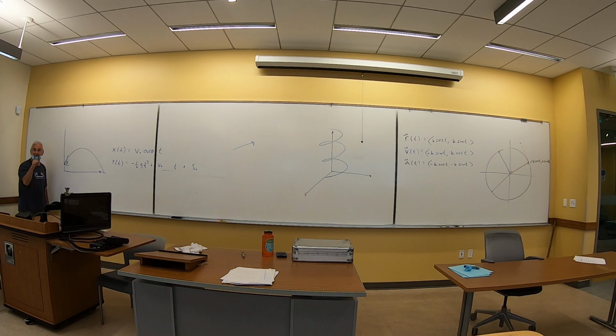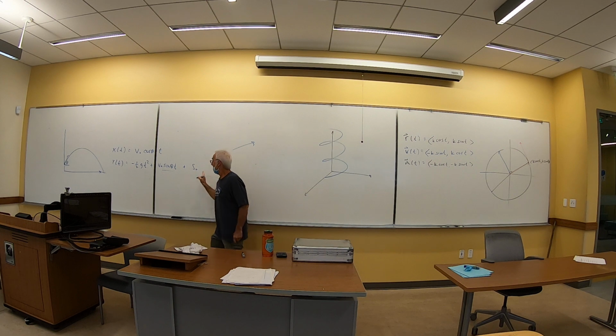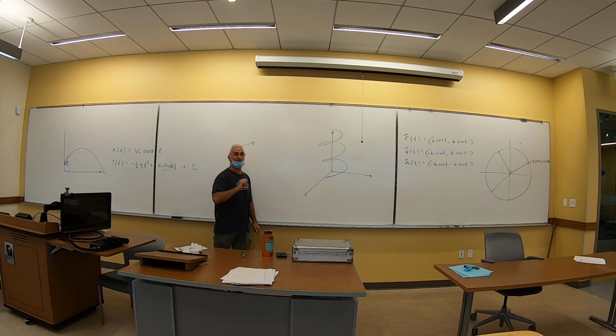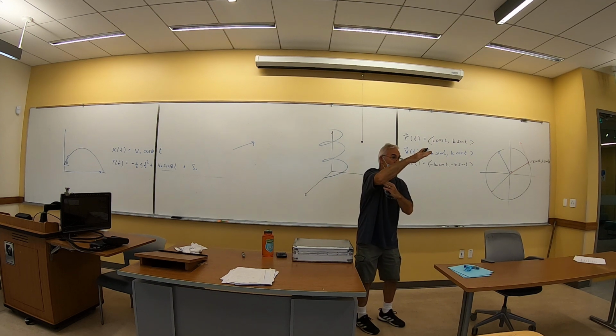SOHCAHTOA, I get sine theta. This is the only difference. The vertical we just did a moment ago looked almost identical. There was just no sine theta there. But now I have to consider sine theta because I'm not throwing it straight up. I'm throwing it at an angle.